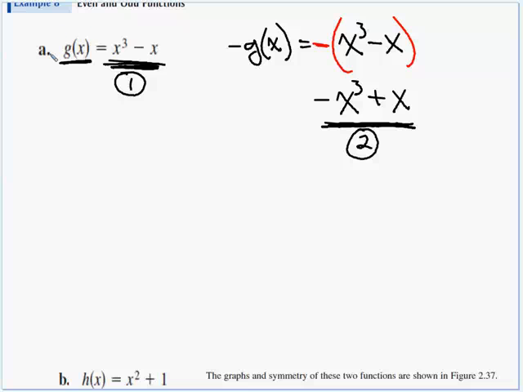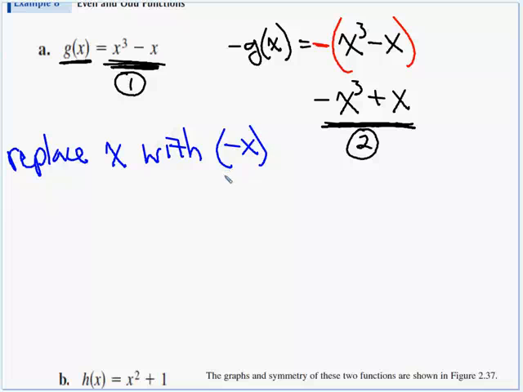So here's our function g of x. We negate that, and now we want to do a test. And here we only have to do one test, and it's always the same. We are going to replace x with negative x, just like we are checking for y-axis symmetry. So I'm going to take the original function, g of x, and now I'm going to run a negative x through it.